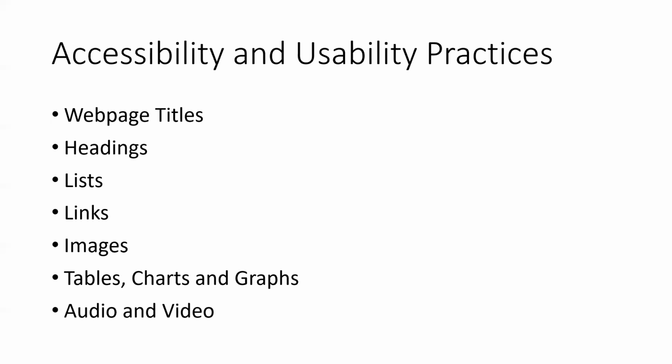Moving on to the accessibility and usability practices for website content creation, we'll focus on some tips and tricks for web page titles, headings, lists, links, images, tables, charts, and graphs, and audio and video content.